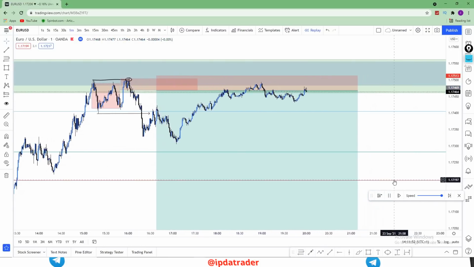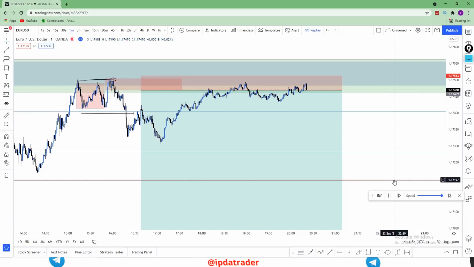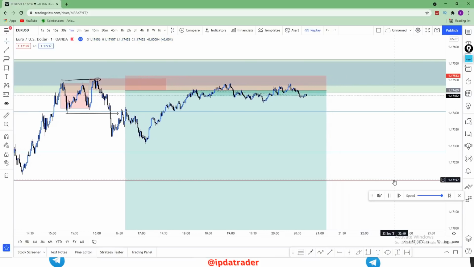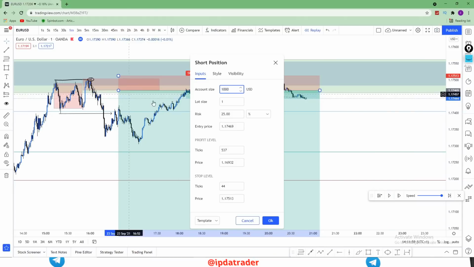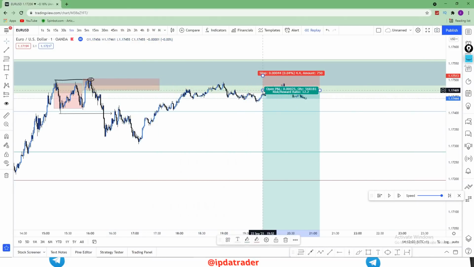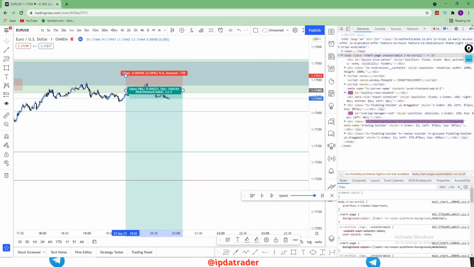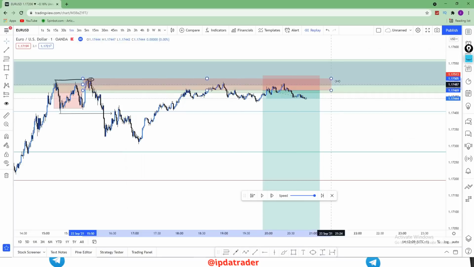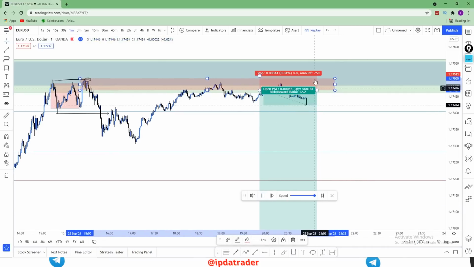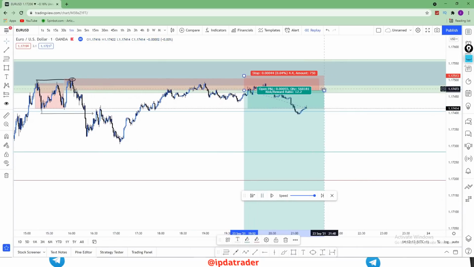Price plays around for a bit. Let me copy this just so we don't lose this and drag it over because it's getting too big. Just like that. And price continues to melt.